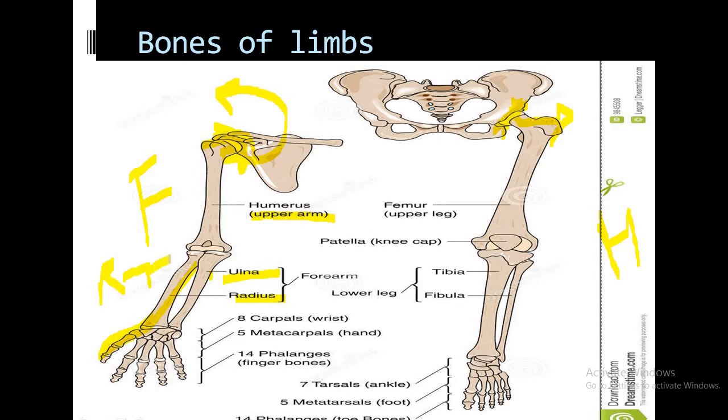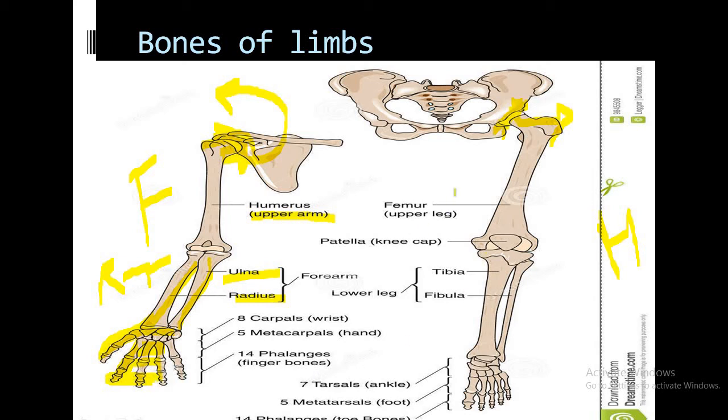Radius is towards the thumb, and the ulna is just the opposite. There are 8 carpals in the wrist region, then 5 metacarpals in the hand, and then 14 phalanges in the fingers.